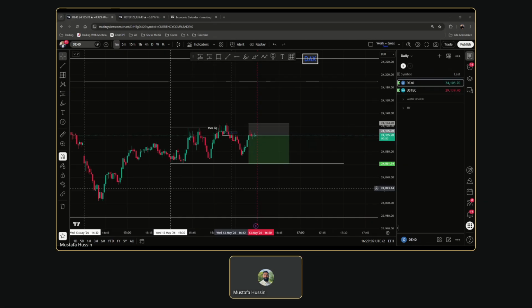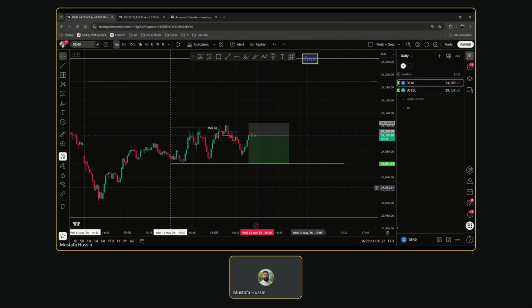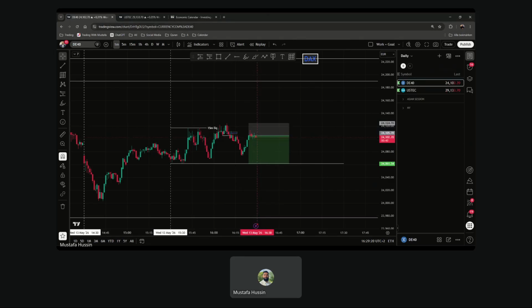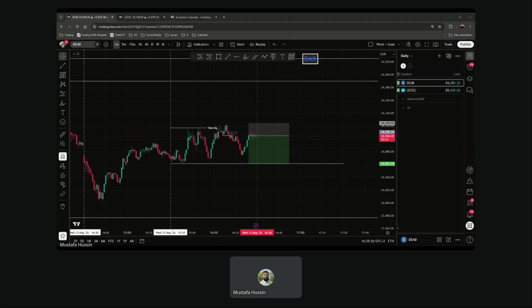I'm not that worried about the news coming out, but I'm interested to see the reaction to it. And we are pretty close to our stop loss area, so it can affect it a bit.